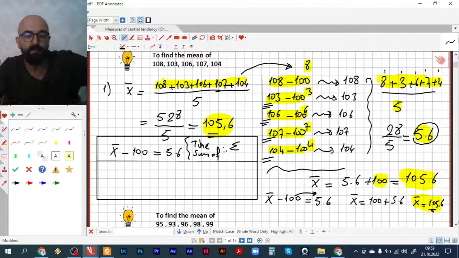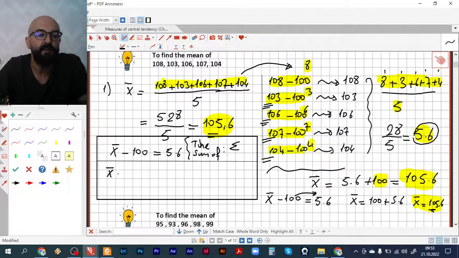Sigma is, you know, a Greek letter. So if you want to compute the mean, it equals the sum of all x over frequency.